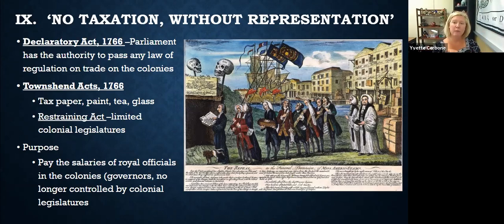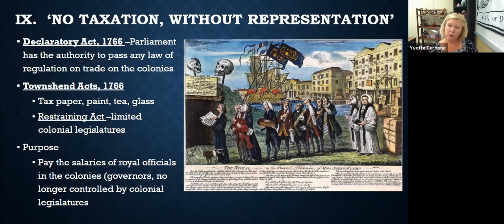So this is where people start to really face, if they're going to boycott, they're going to have to change their lifestyles. Everything was manufactured in England. Glass was manufactured there. It was actually illegal to manufacture things like paint and glass and cloth in the colonies. So people, if they were going to buy these things, they were going to be paying the tax.